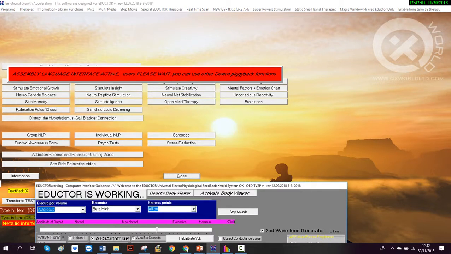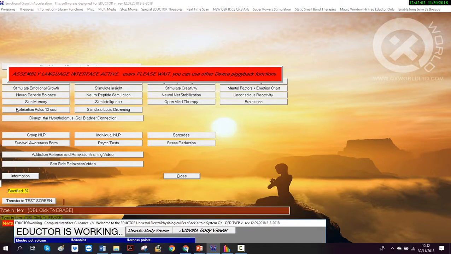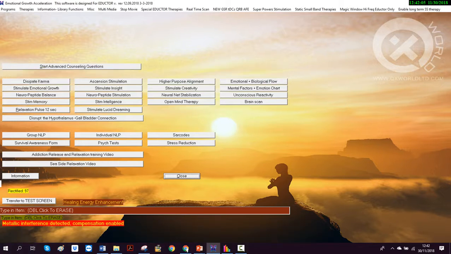Right here, the device will test which therapy is the best for the client today. Here we say the healing energy enhancement. So this is what it is. For the healing energy, we could just click twice and it will happen.